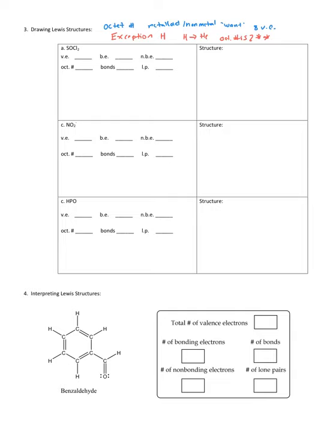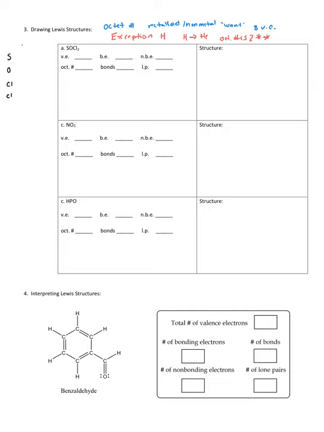So let's look at our first example. And I'm going to go just a little bit different approach. Again, we have our formula that we're going to rely on here. In this particular case, we have SOCl2, which means that we have a sulfur, an oxygen, and 2 chlorines in our formula.